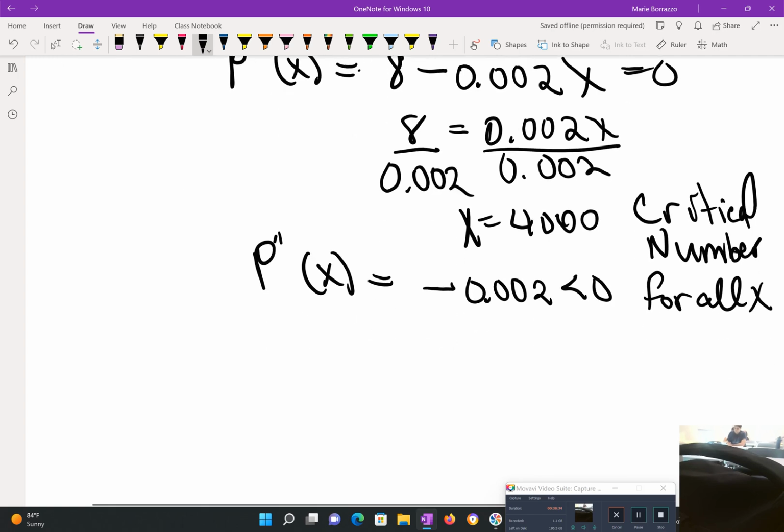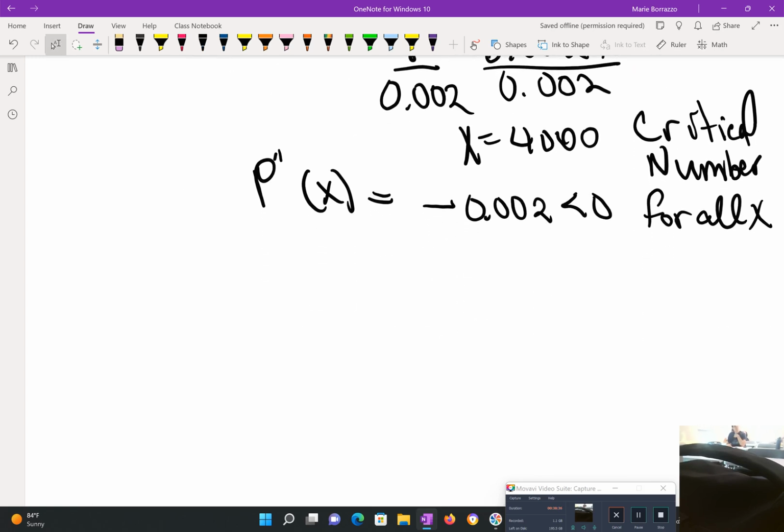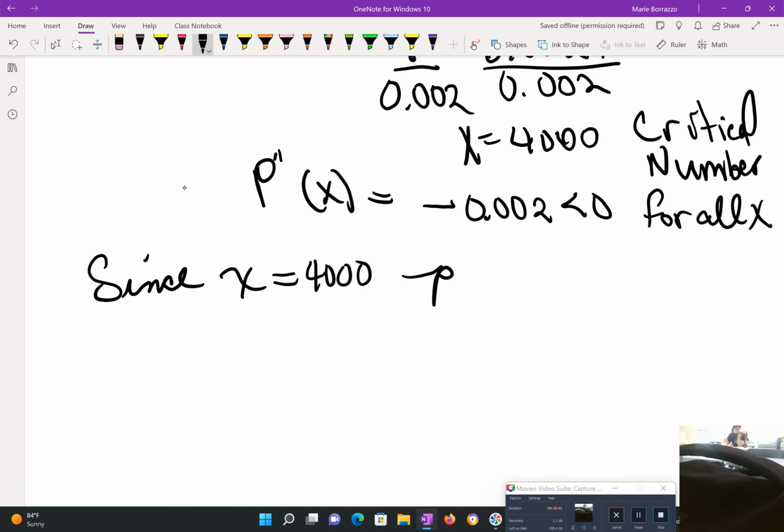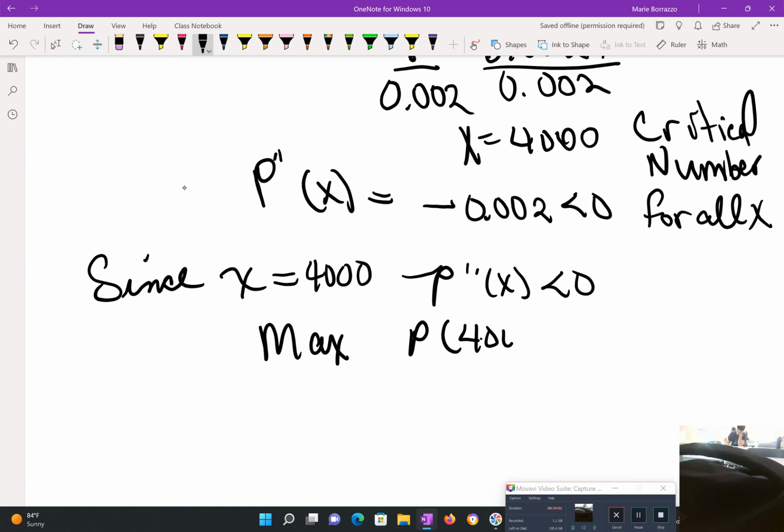So given the second derivative and its indication, since x is equal to 4,000 and that second derivative is less than 0, the max is P of 4,000, which is going to lead you to a profit of 11,000. You just plug that back into the equation.